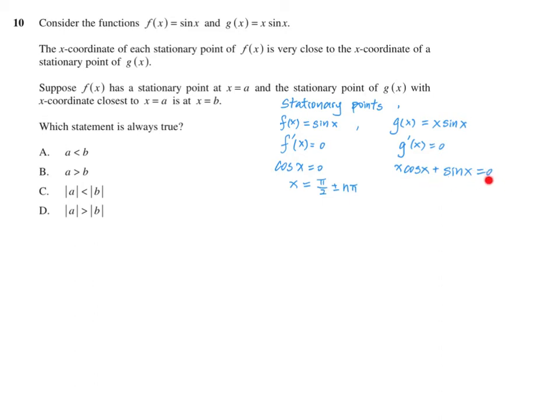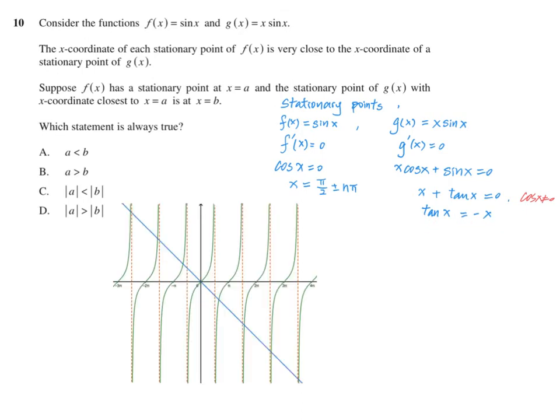But this equation is difficult to solve because we have x times a trigonometric function. Let's try to divide both sides of the equation by cosine x, as cosine x cannot be equal to 0 in this equation. Now we have x plus tangent x equals 0, which means we have to solve tangent x equals minus x. Still, this is not a very easy equation to solve.